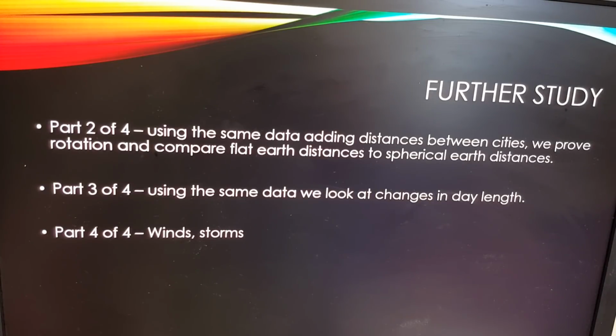In part 3, using the same data, I want to look at the length of the day over the different times of the year. And then part 4, I've been dying to do this video on using winds and storms like hurricanes and tornadoes, and we'll see some fascinating information there. So I look forward to seeing you in further videos.